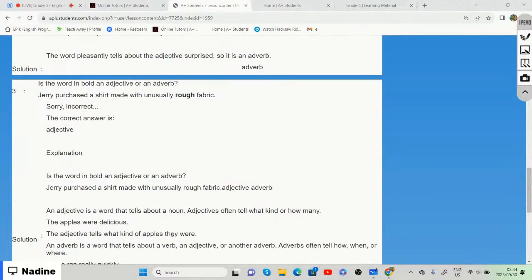So basically, rough is telling us about the fabric, which means that it is an adjective. All right. So rough is an adjective and it tells us about the fabric.